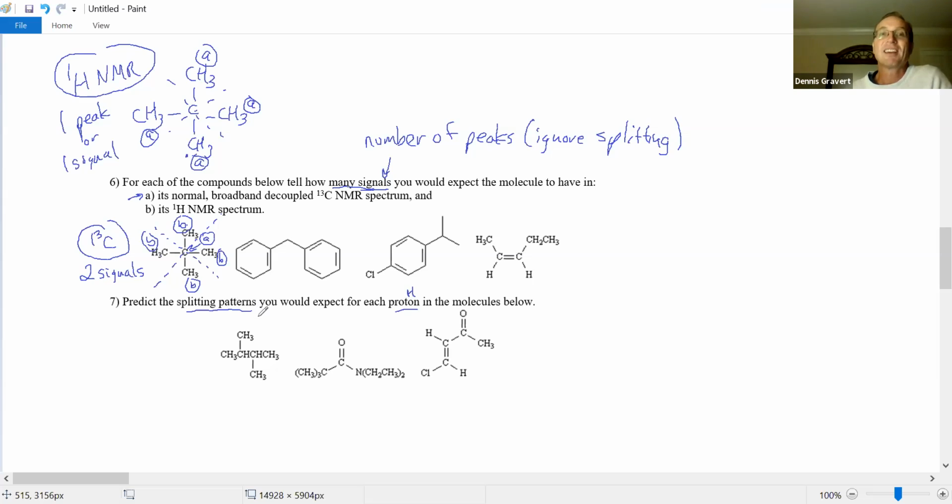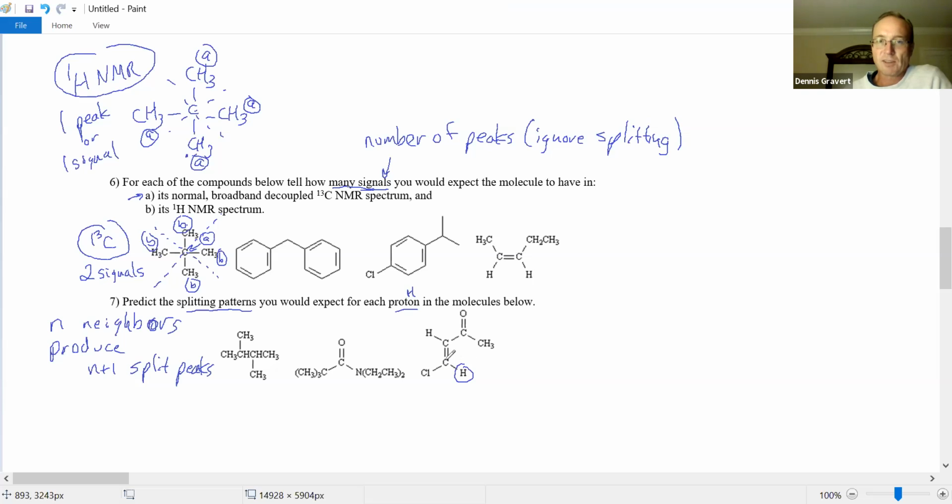Splitting patterns tell you how many neighbors are next door, and neighbors produce n+1 split peaks. So let's ask, hey, hydrogen, do you have any neighbors?